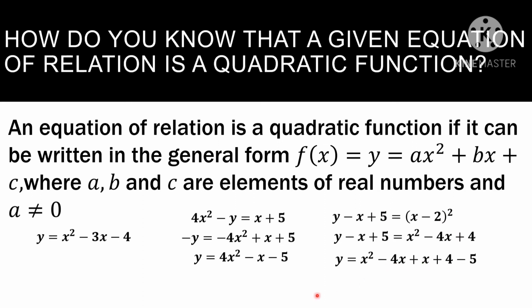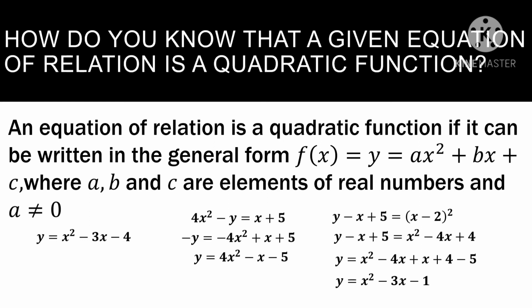So we have to combine similar terms. If we combine similar terms, we come up with y equals x squared minus 3x, that's negative 4x plus x, so you have negative 3x. Then 4 minus 5 is negative 1. So we come up to this equation, and this is what we call quadratic function.